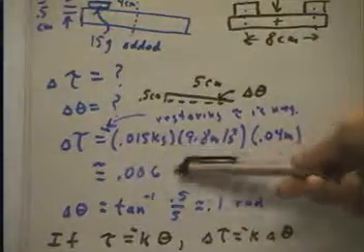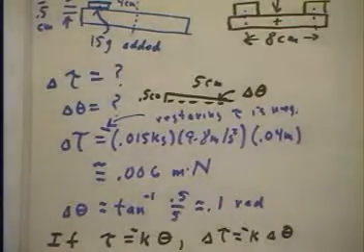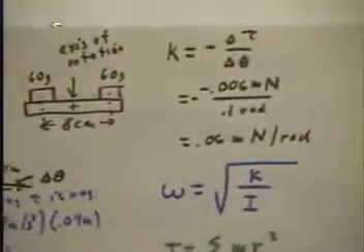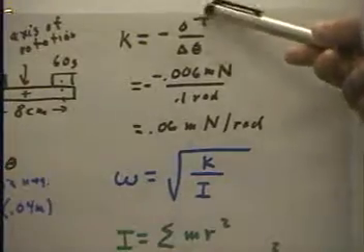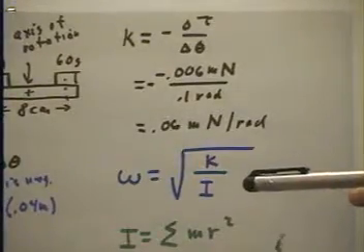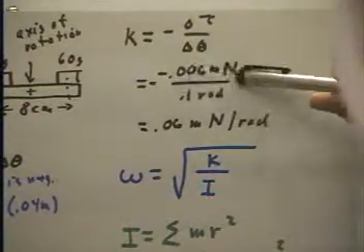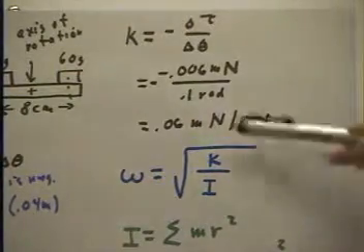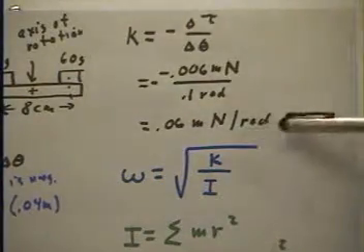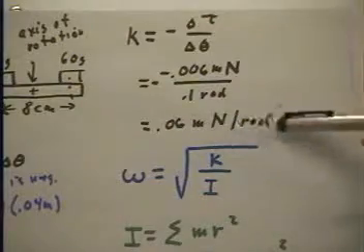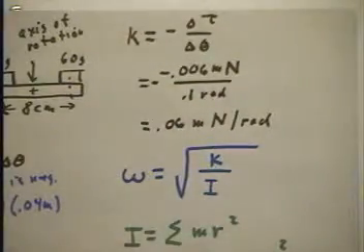And we've got a delta tau here and a delta theta here, so we're going to be easily able to calculate k. It's negative delta tau over delta theta, and the delta tau was negative 0.006 meter newtons over 0.1 radian, we get 0.06 meter Newton per radian. That's our restoring torque constant.